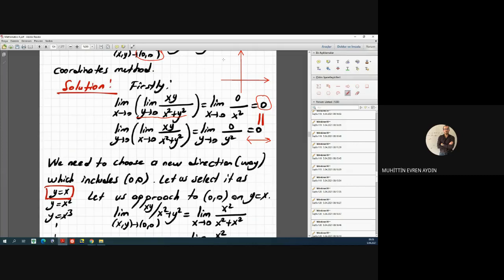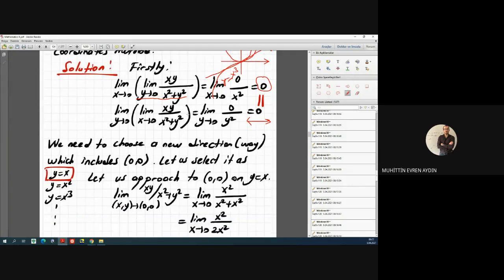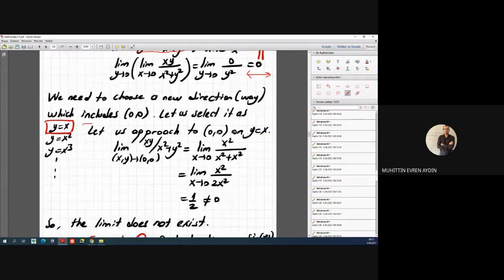So we choose, for example, a parabola y equals x squared, or we may choose a line, let's say y equals x, or a cubic curve, let's say y equals x cubed. Yes, you can choose infinitely many curves. Let's choose the first one.